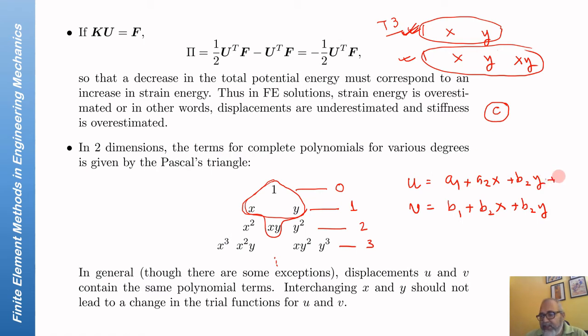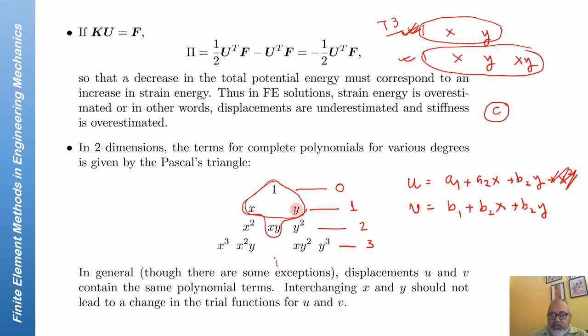If you add, say, x square to the u term and don't add it to the v term, you will have anisotropic elements which will depend on the direction of your coordinate axes. So in general, such a situation is avoided, and you use the same basis functions for both u and v, and make sure that changing x and y does not change the basis function.